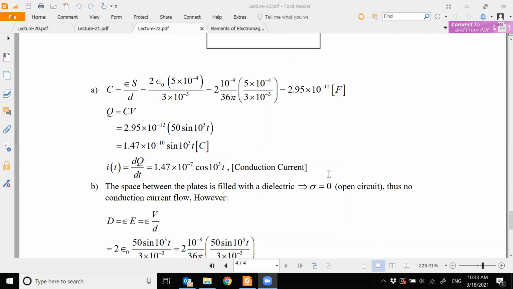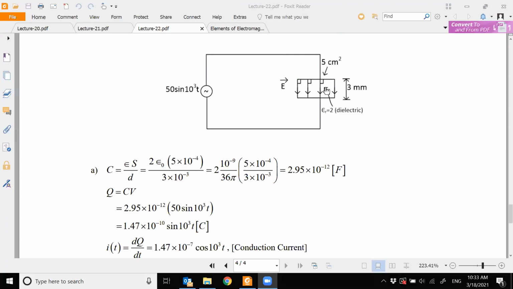Here I'm currently assuming a material with a permittivity, or dielectric constant, of 2.